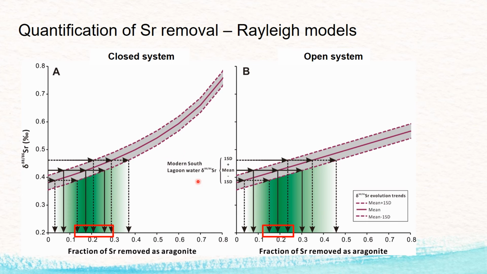The ending point here would be the modern South Lagoon water signature with its mean value, plus and minus 2 SD as well. And the projected number is the extra fraction of strontium removed as aragonite, which is the main phase of calcium carbonate in the Coorong. And as you can see, the most probable fraction being removed is about 0.2, so 20%.